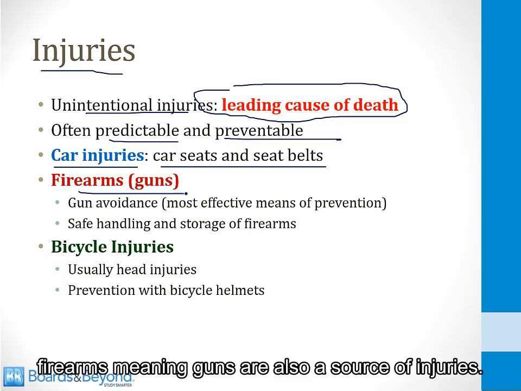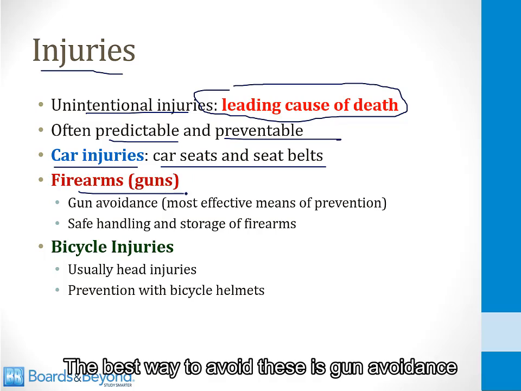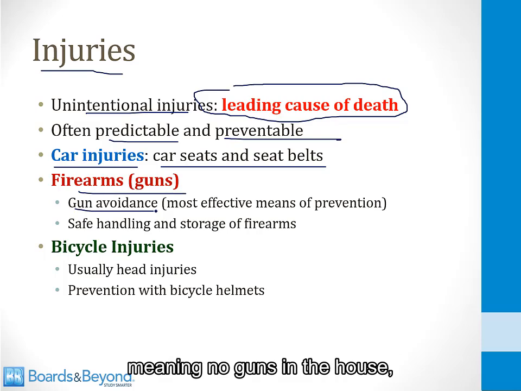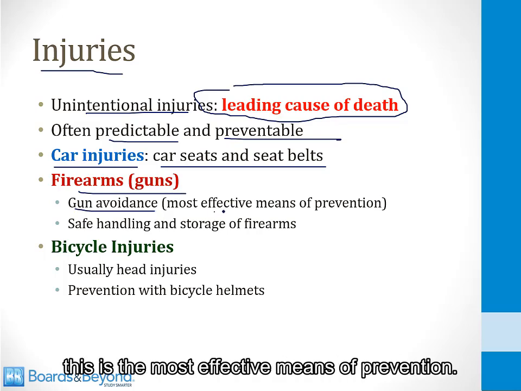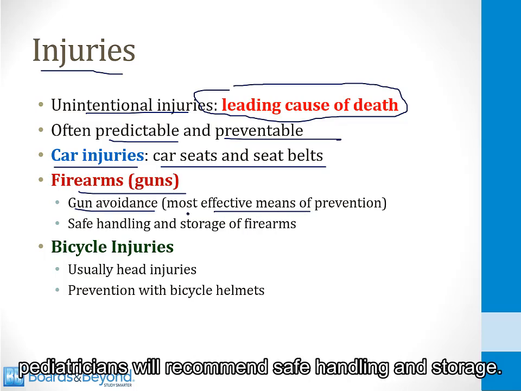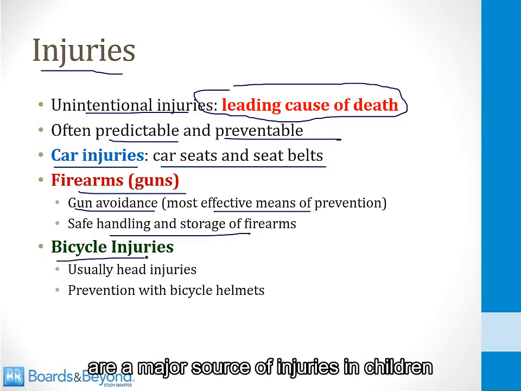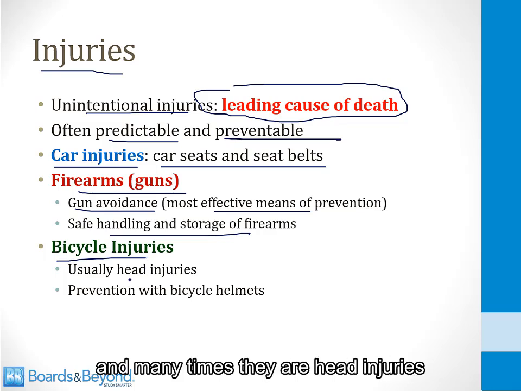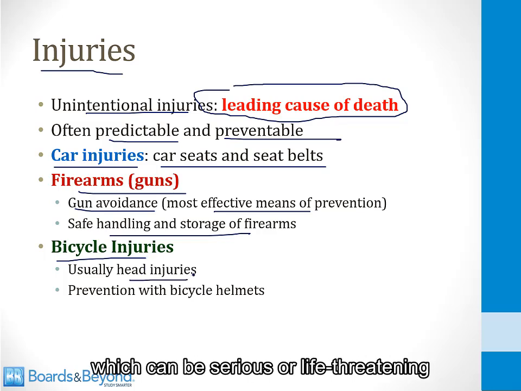Firearms, meaning guns, are also a source of injuries. The best way to avoid these is gun avoidance, meaning no guns in the house. This is the most effective means of prevention. For parents that do want to have guns in the house, pediatricians will recommend safe handling and storage. And then bicycle injuries are a major source of injuries in children, and many times they are head injuries, which can be serious or life-threatening.